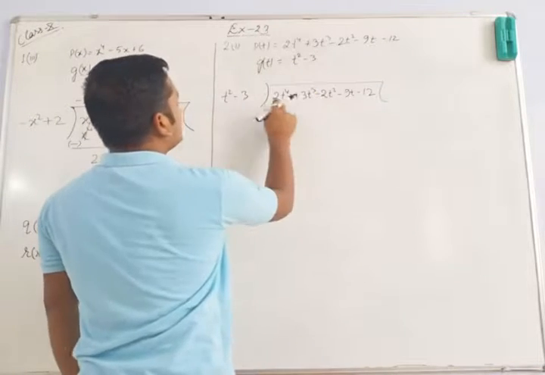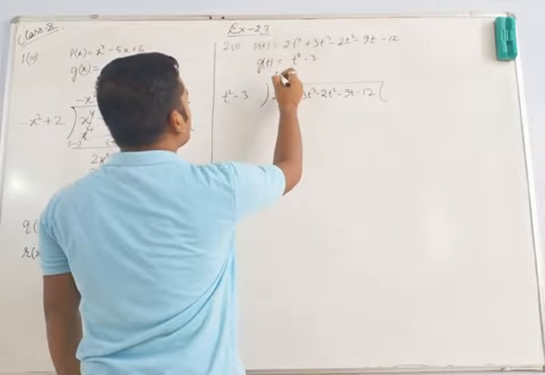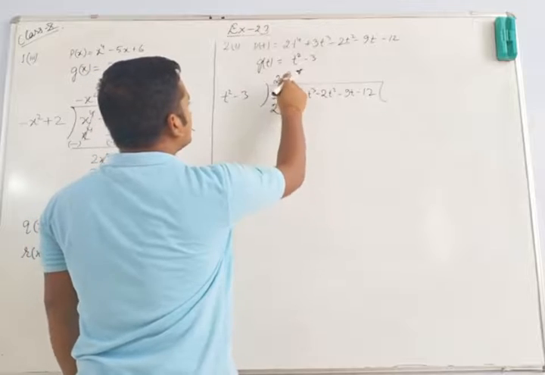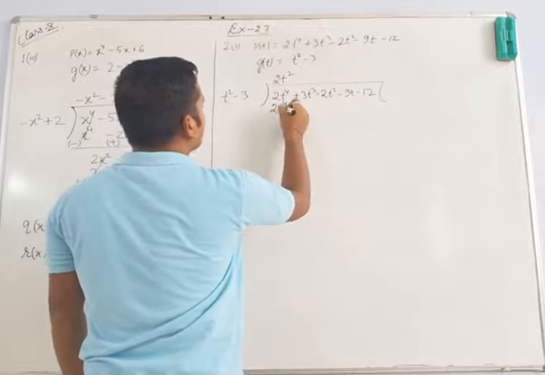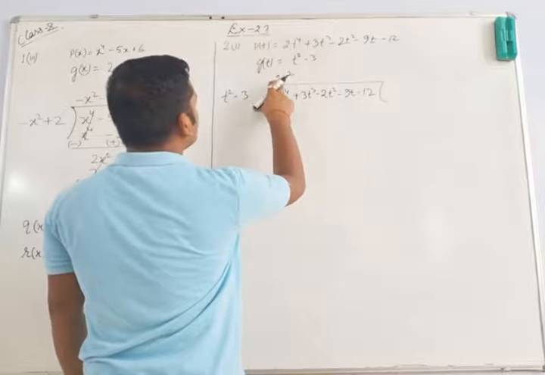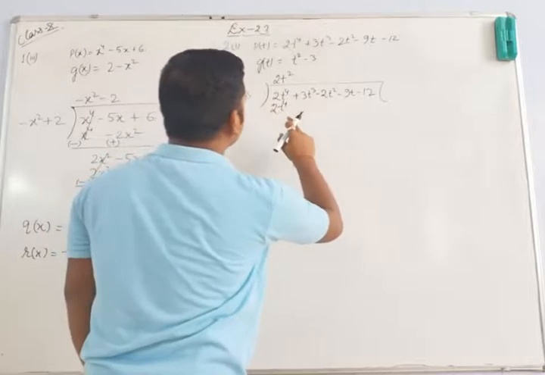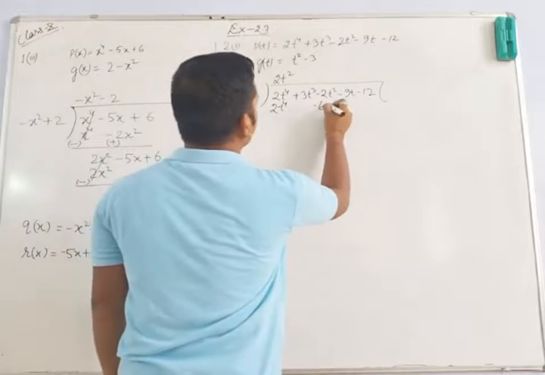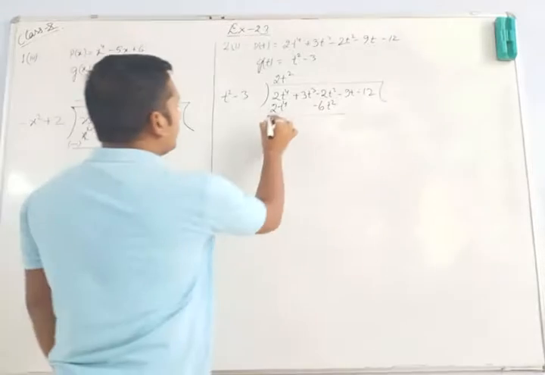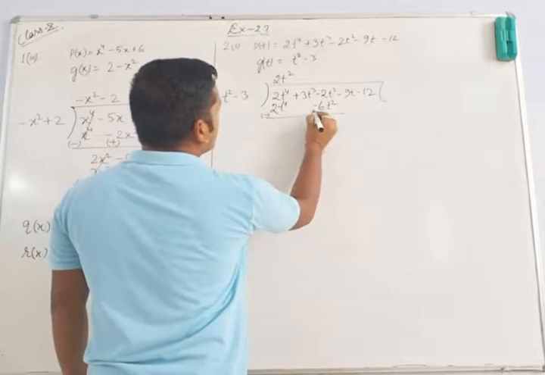So first term 2t raised to the power 4, we want. So we will be multiplying it with 2t square. So 2t square and t square will give you 2t raised to the power 4, and minus 3 and 2t square will give you minus 6t square. We will be writing it with the t square term. Now this will become negative, this will become positive.